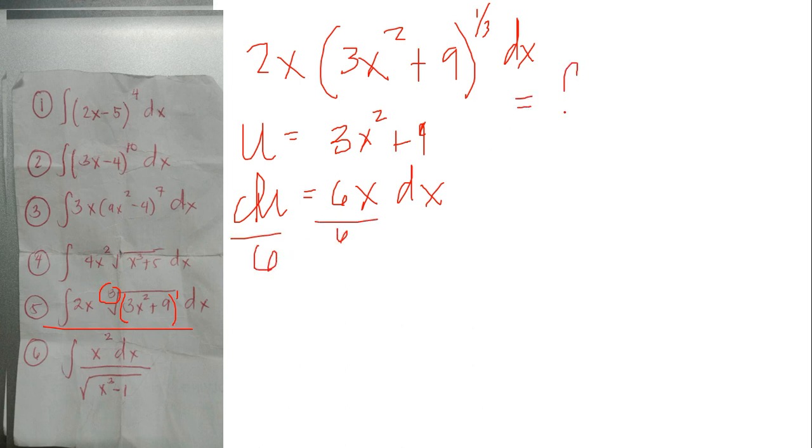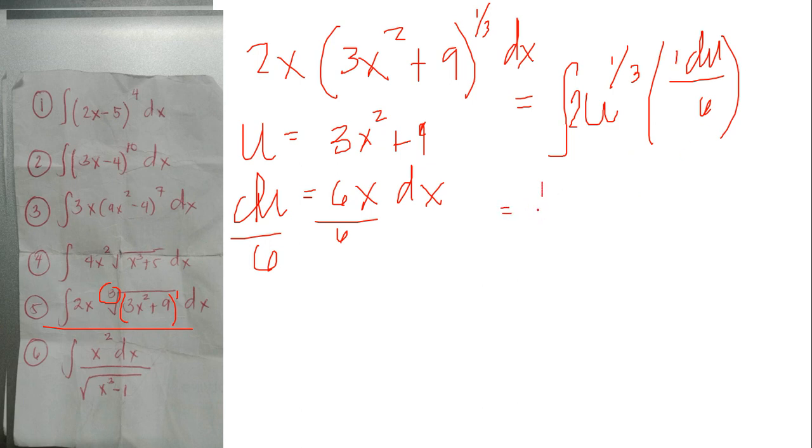So, yung shortest po na equation, u raised to 1/3. Tapos meron siyang 2 sa may harap. Tapos du all over 6. So what is 2 times 1 over 6? That is 1/3. Tapos the integral of u raised to 1/3 du.